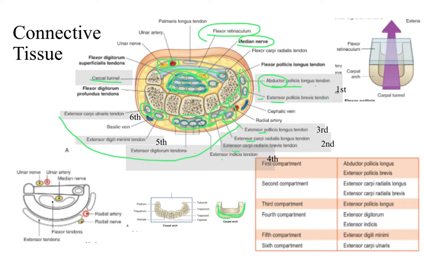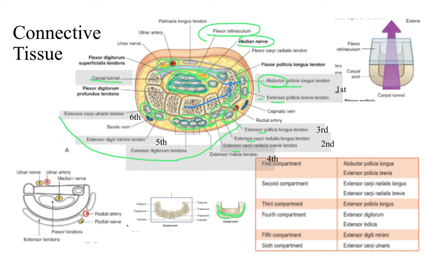Another way to look at the different compartments that are associated with the extensors, remember that they go from lateral to medial, and they're associated with each one of the carpal bones. So compartment 1 would be associated with the trapezium.